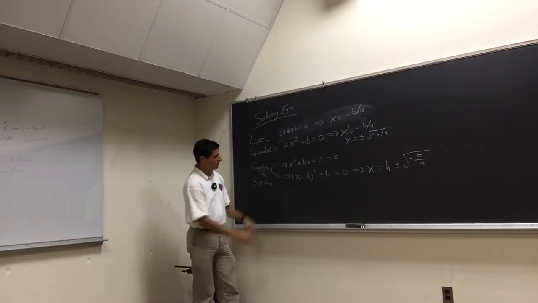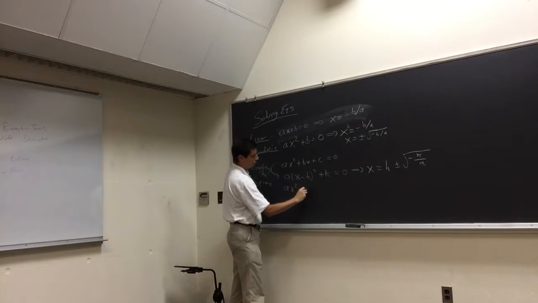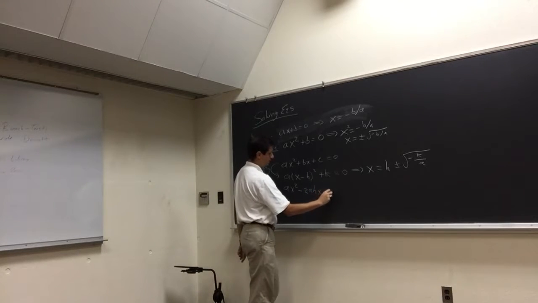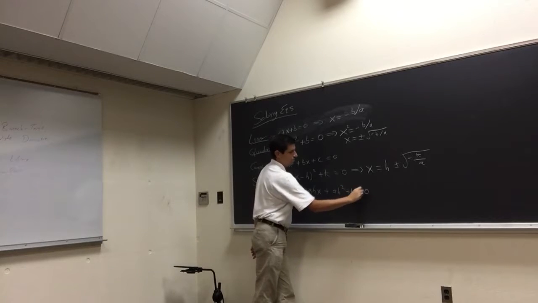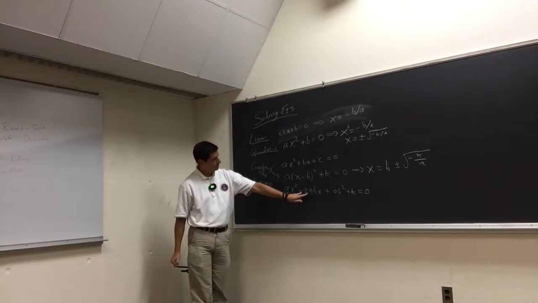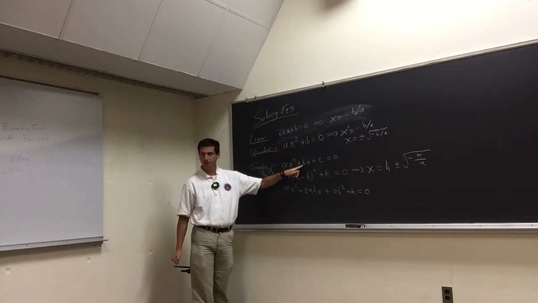Well, when we expand this out, we get a x squared minus 2a h x plus a h squared plus k equals 0. So this tells us if we want this to equal that, negative 2ah has to equal b.